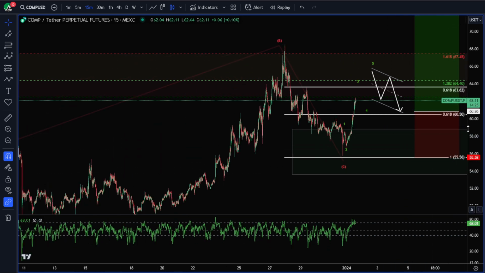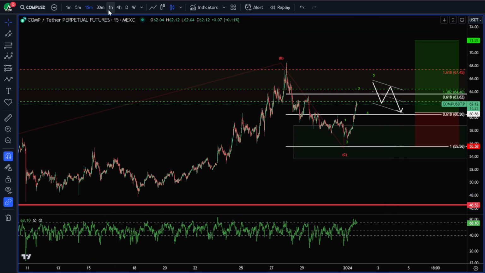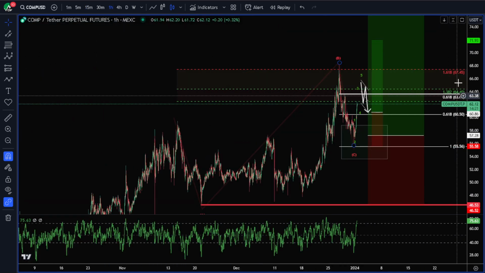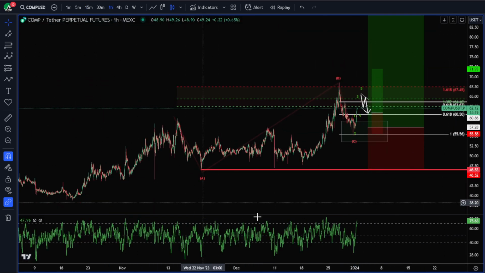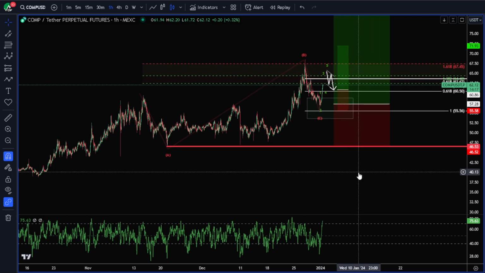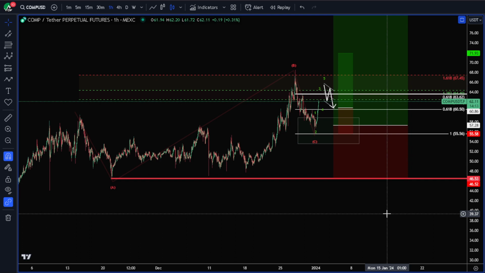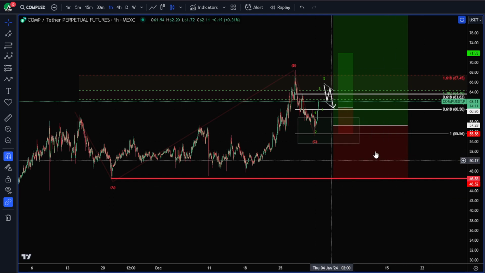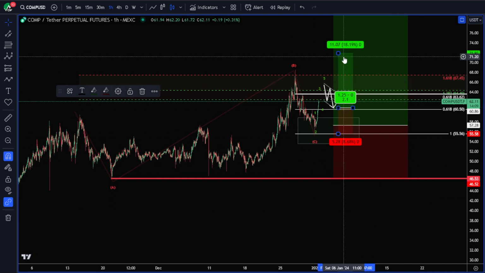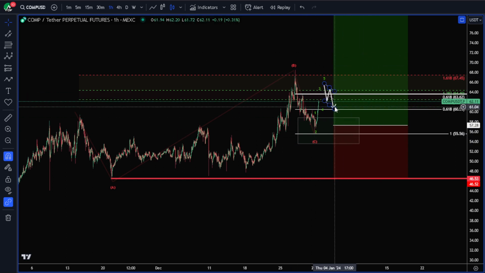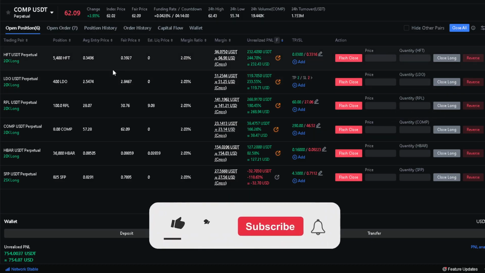Everything looks good. It reacted the way we expected over the last update. I've seen this structure in multiple altcoins before they really take off, so things are looking good for this current count. Again, this isn't trying to read the future. Things can always change, and we'll have to adjust the structure based on the waves we get, but currently looks pretty good. Here's my entry that I was having trouble with.